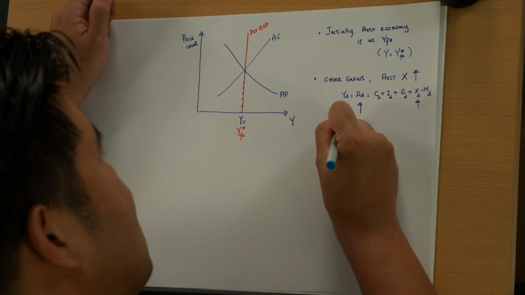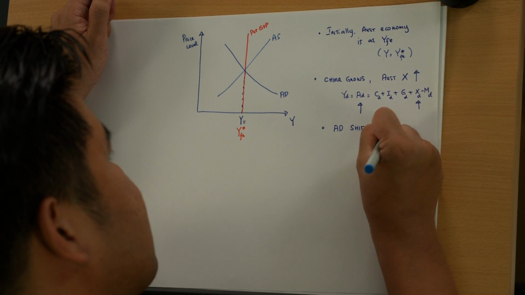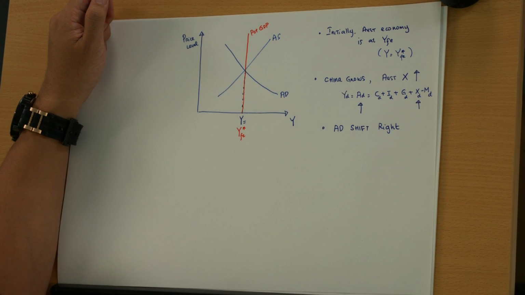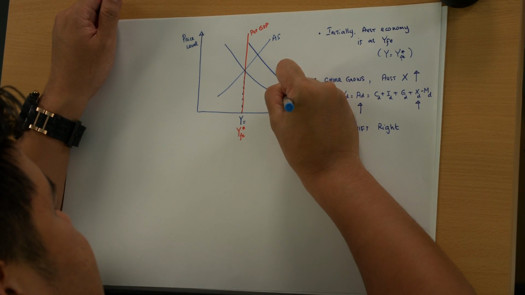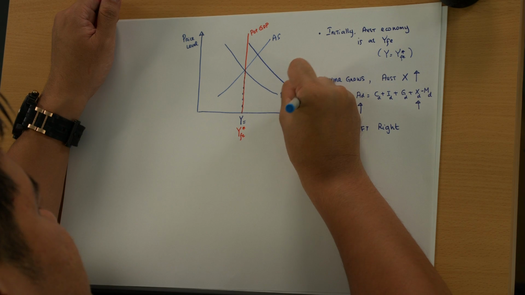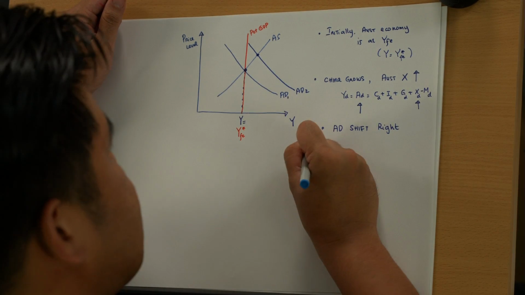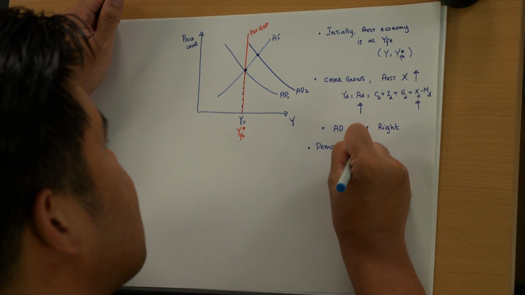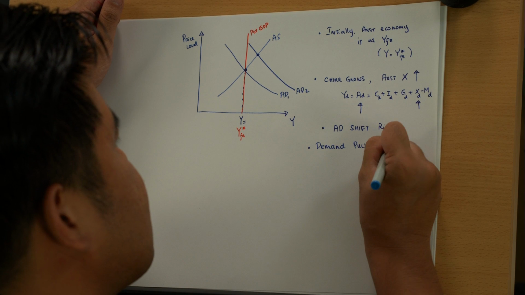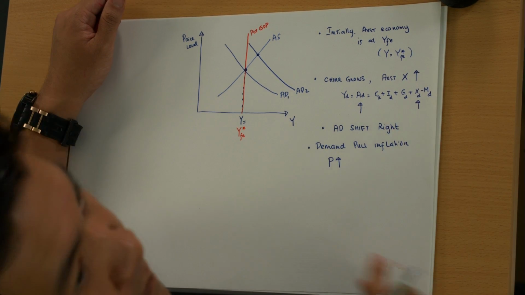So that means AD will shift to the right. Okay? When AD shifts to the right, just say AD1 to AD2, what do we see there, guys? There's a demand pull inflation. See, price has gone up.